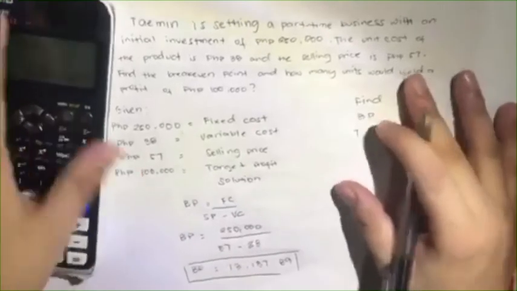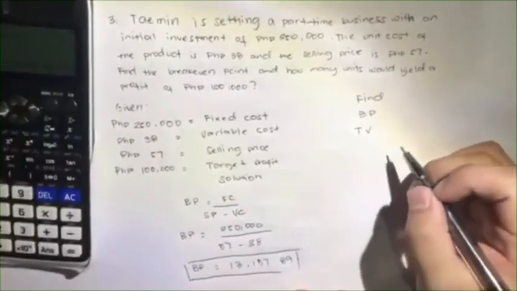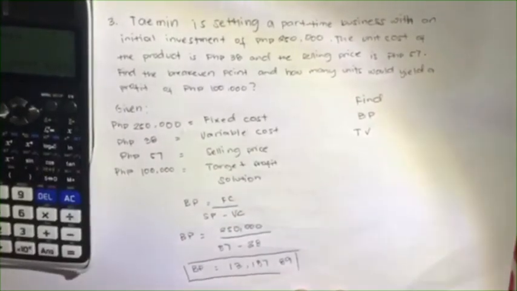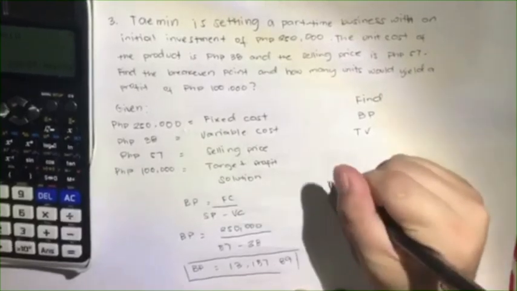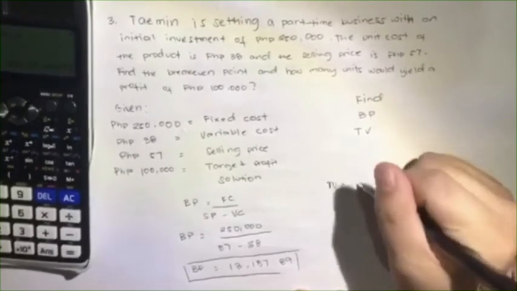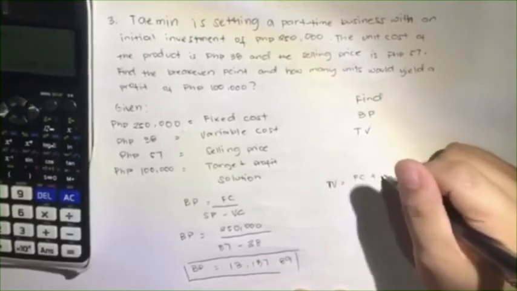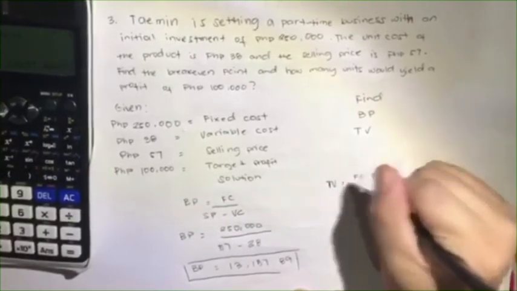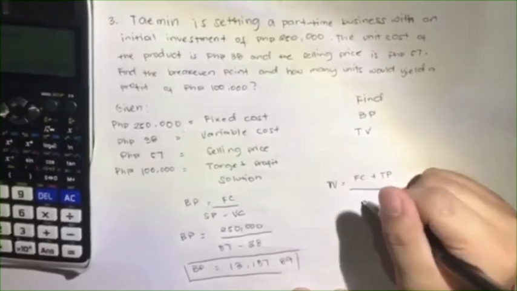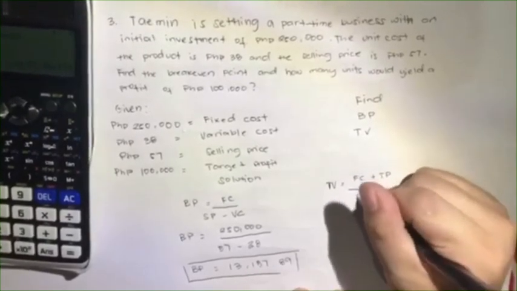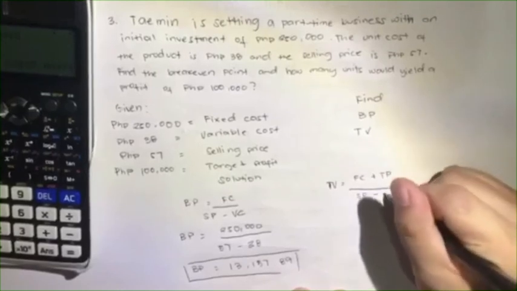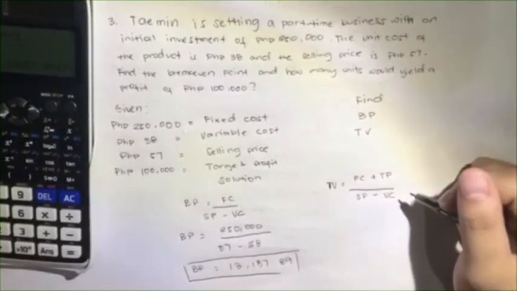So next, we will find our target volume, and we will use the formula target volume is equals to fixed cost plus our target profit divided by our selling price minus our variable cost.